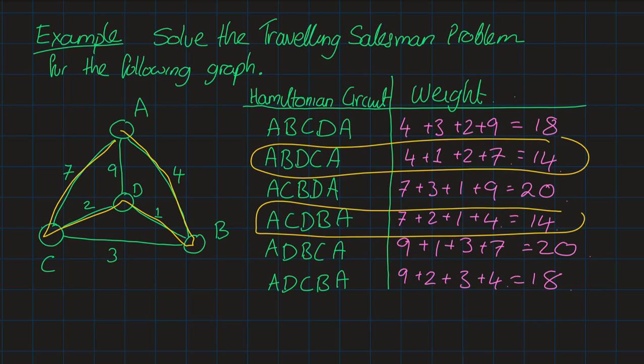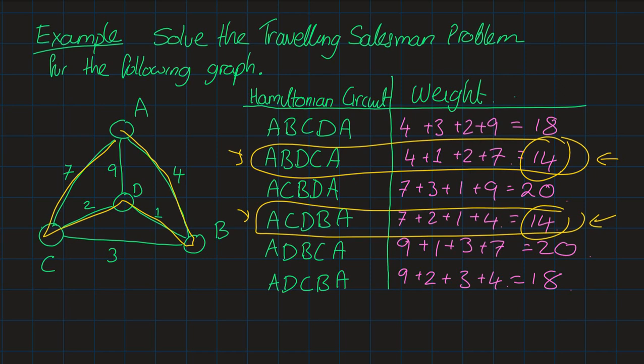So I shouldn't have said they're the same. They're different, it's just you go in different orientations. Okay, so the solution to the traveling salesman problem in this particular case would be either one of these two circuits right here, because these two have the lowest number.